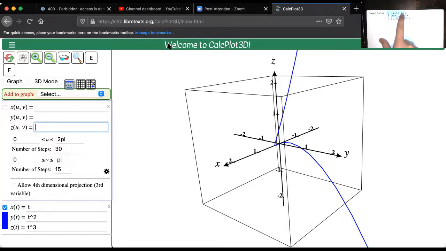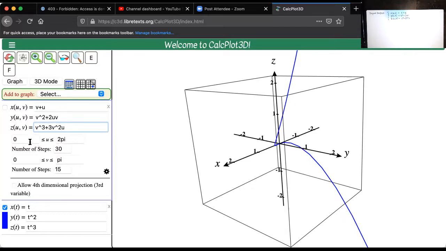X is equal to t plus u. So I'll use v for t. So I have v plus u. And then I have v squared plus 2u times v for y. And then v cubed plus 3v squared times u for z.